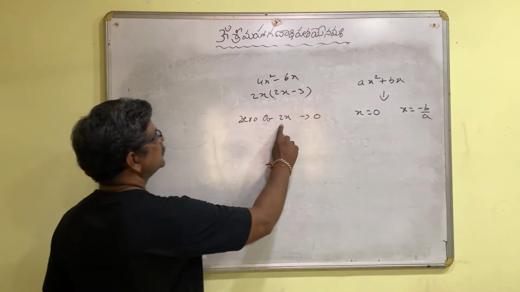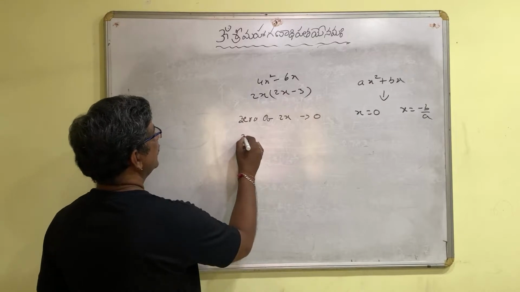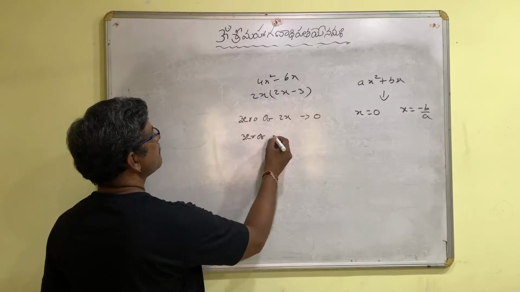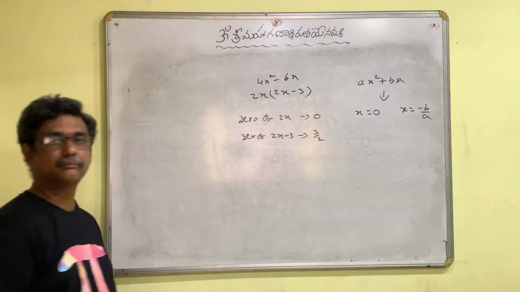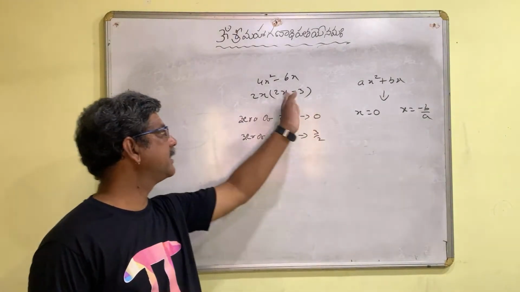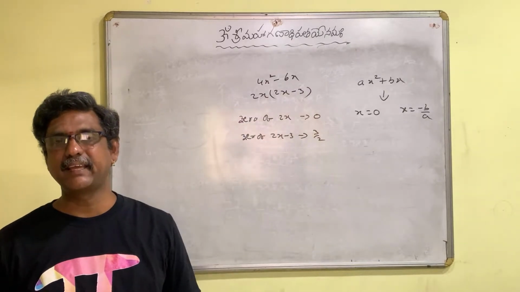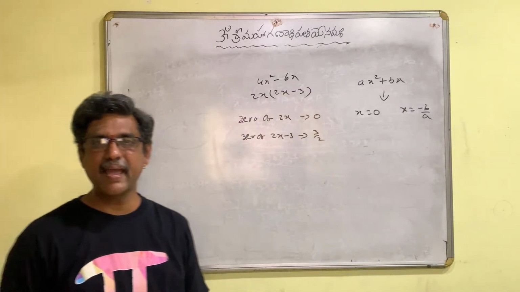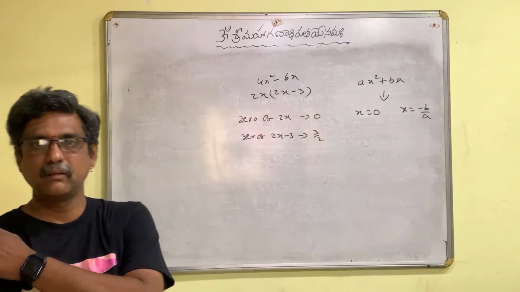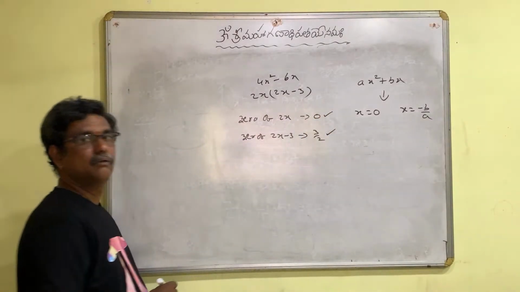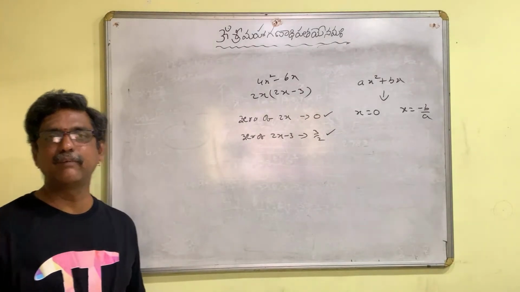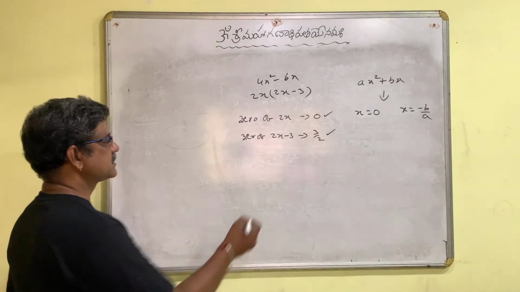So one zero, the zero of 2x, is 0, and the zero of 2x minus 3 is 3 by 2. Minus b by a: minus of minus 3 is plus 3 by 2. Now we got both the zeros. Now we need to verify the relation between zeros and coefficients.